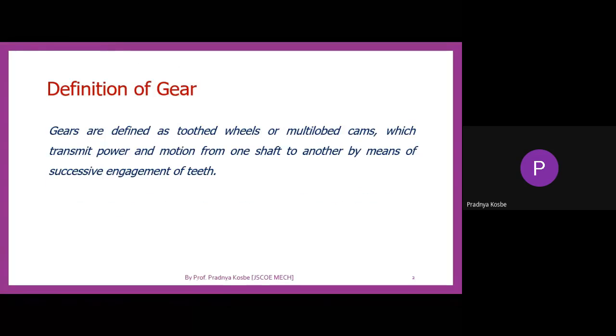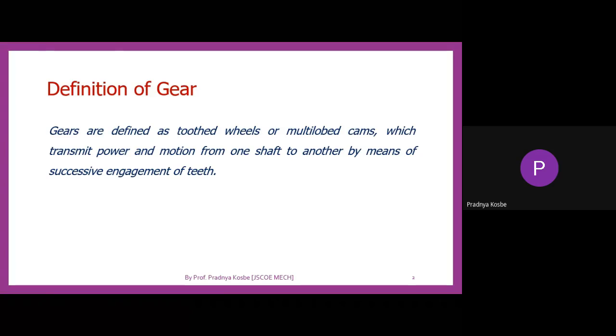Now when we consider power transmission with the help of gears, the gears are mounted on the shaft with the help of keyways. So when power transmission takes place, power will be transmitted from the driving shaft to the keys, and from the keys to the driving gear.